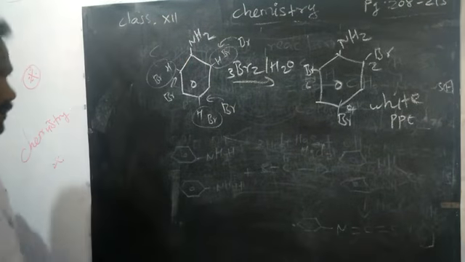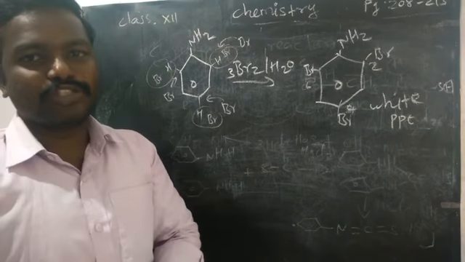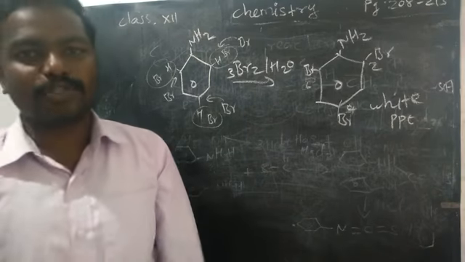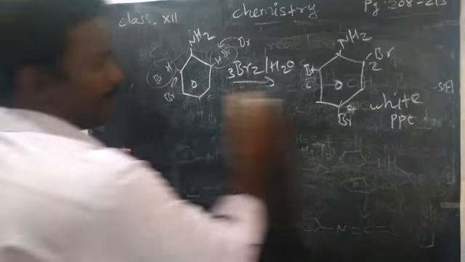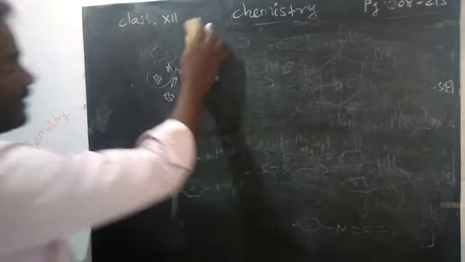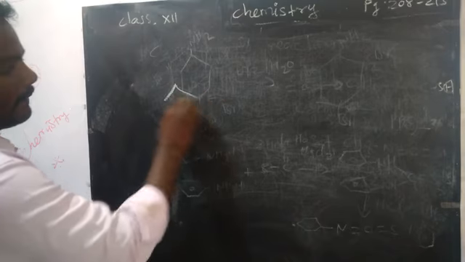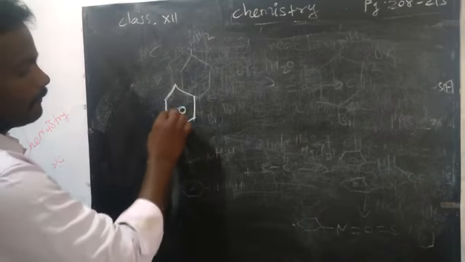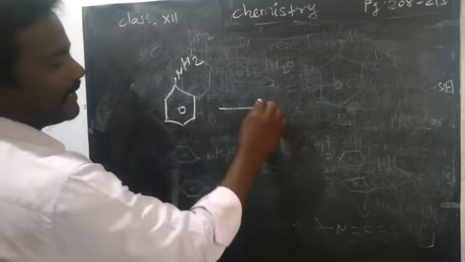Okay. Then bromination, if you want particularly in ortho position or only in the para position, how will you prepare? That also we can prepare by taking the additional reagent acetic anhydride. Okay. So aniline NH2 with acetic anhydride.